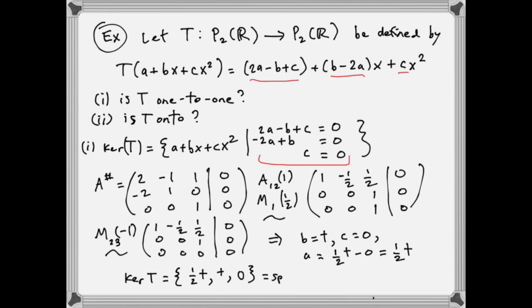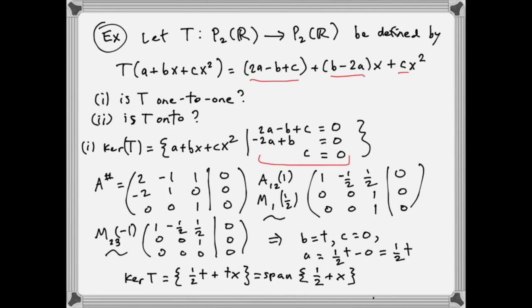Oh, sorry, this is a polynomial, so let me write it as such: 1/2 t plus tx. And then c is 0, so let me just write it that way. But this is the same as the span of the polynomial 1/2 plus x.